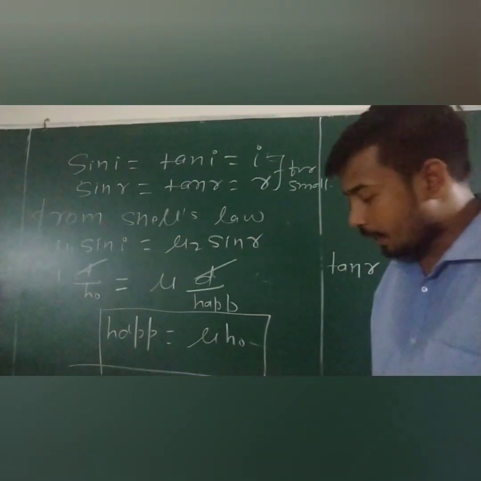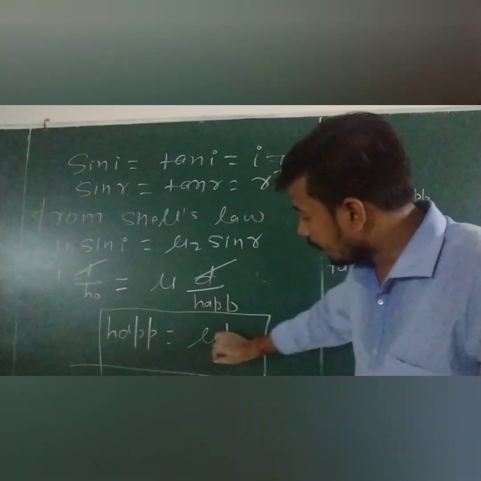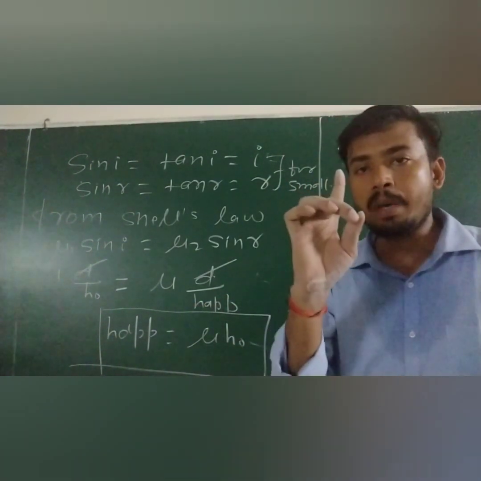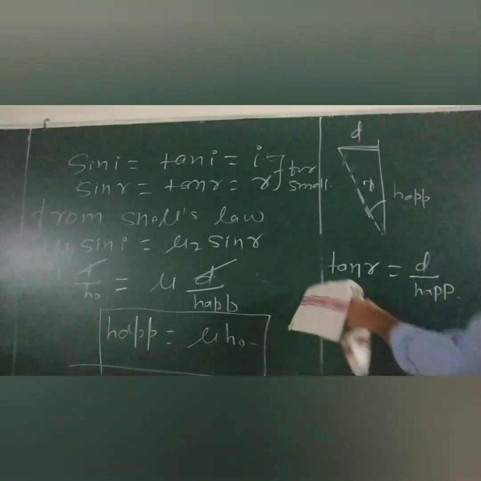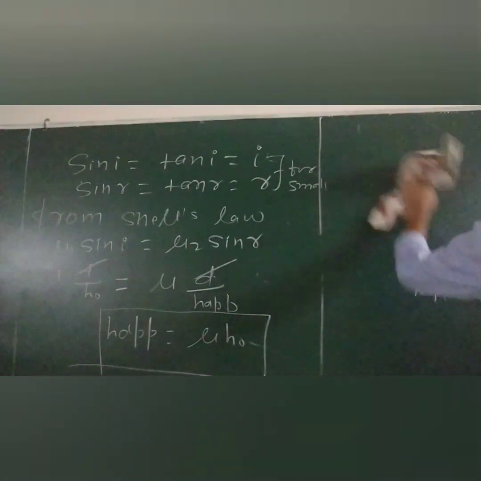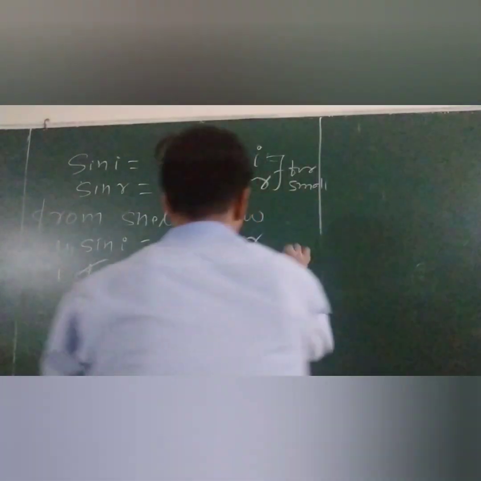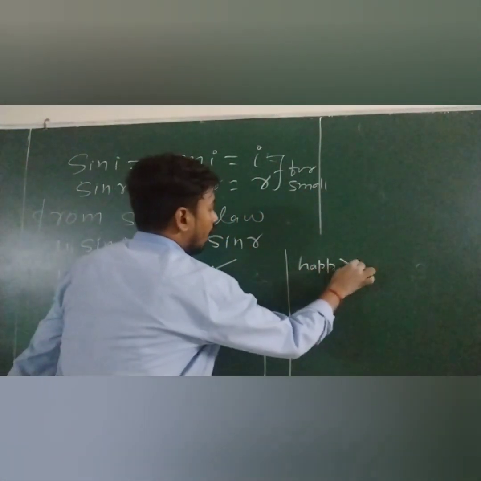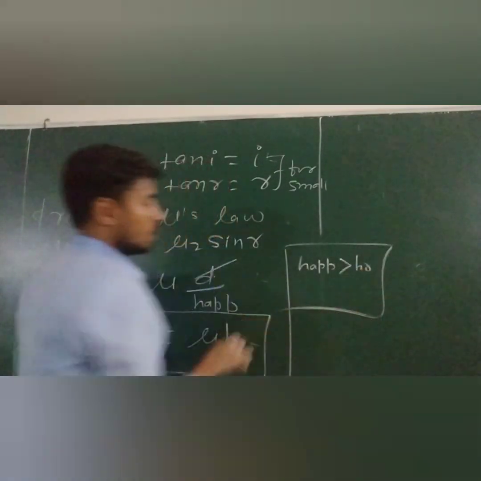Now see, yesterday I told this is the refractive index, and this is always greater than 1. It means H apparent is always greater than H naught.